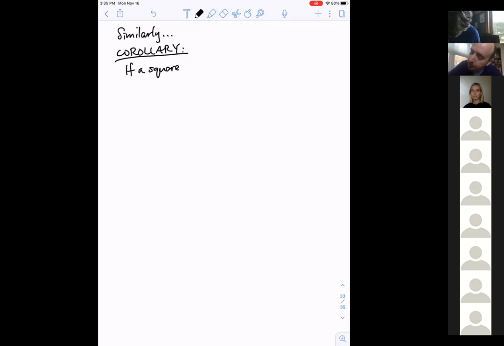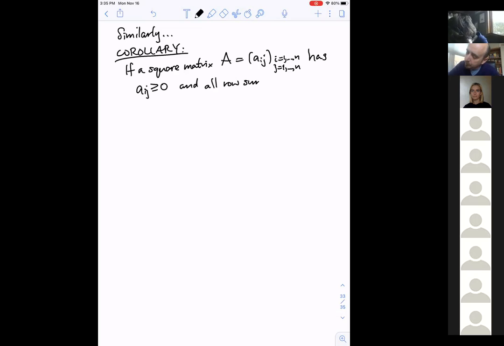A square matrix A. Let me name its entries a_ij, i goes from 1 to n, j goes from 1 to n. All of its entries are non-negative, and all the row and column sums are equal to S. I'd say S is positive, since they're non-negative, if S was 0, that would mean it's just a 0 matrix. Not very interesting.